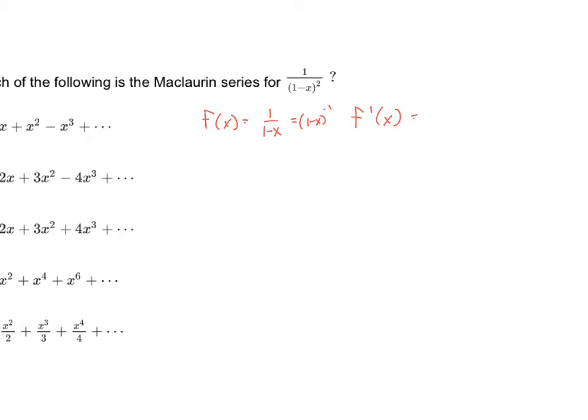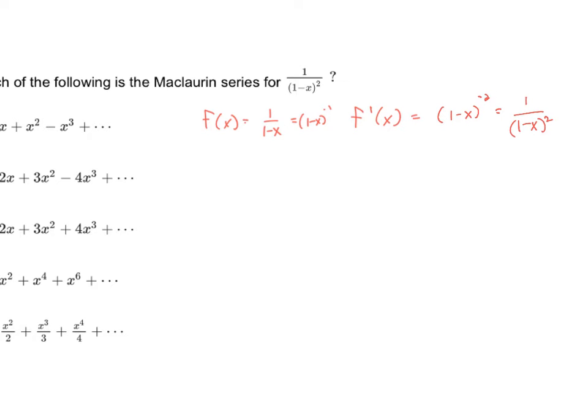So the derivative of that is you get a negative 1 here, but you also get a negative 1 from the chain rule, so those will cancel. So this will just be 1 minus x to the negative 2, which is 1 over 1 minus x squared. Okay.